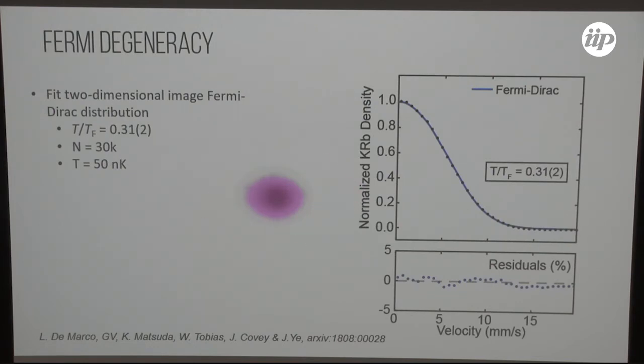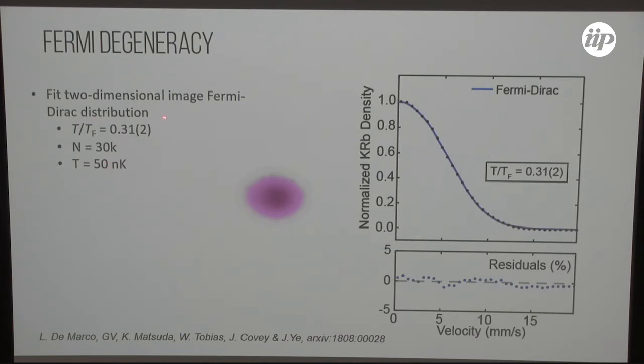After we transfer to the ground state, we take out all the atomic components, and then we bring the molecules back into the Feshbach branch. So we take conventional absorption images onto the CCD, and the numbers that we obtain are typically around 30,000 molecules, at a temperature of tens of nanokelvin.